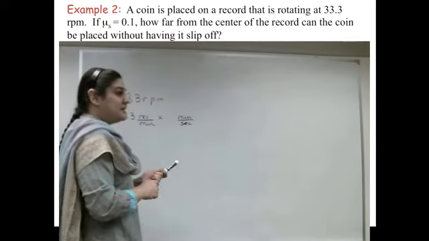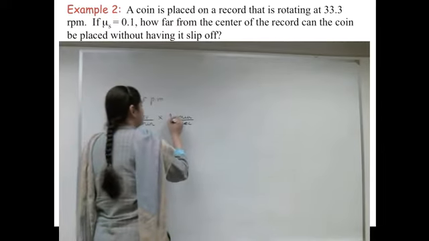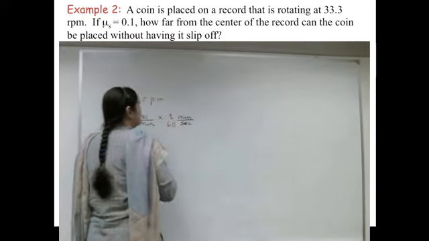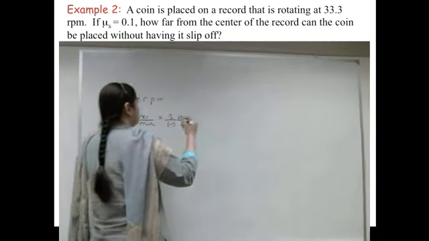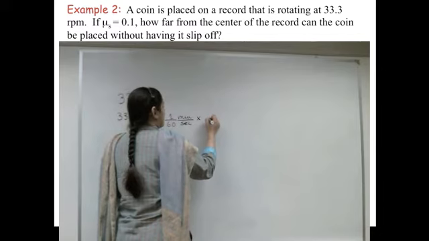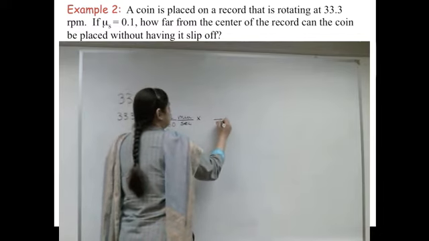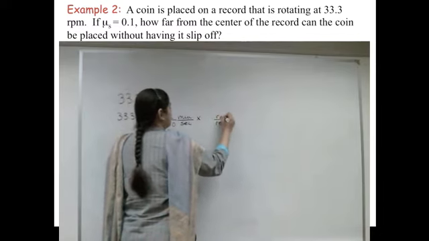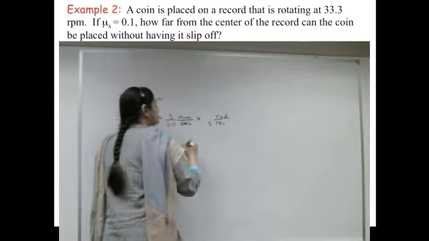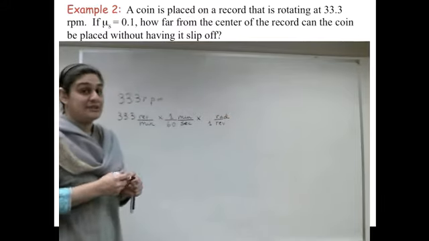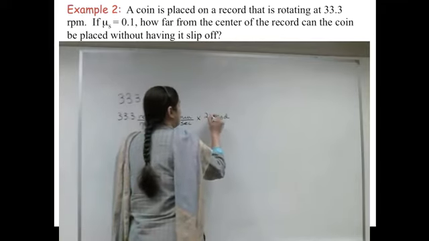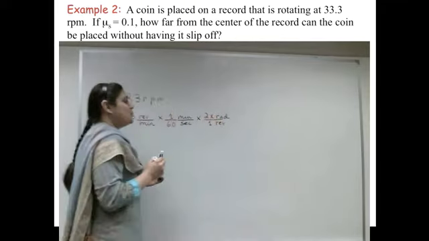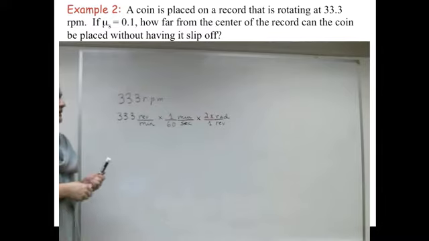And I know how many seconds in a minute? 60. So that gives me 1 over 60. And then I have revolutions, so I need to get rid of revolutions. Radians per revolution: in one revolution, there are 360 degrees, which means it is 2 pi radians. In one revolution, there are 2 pi radians, right?